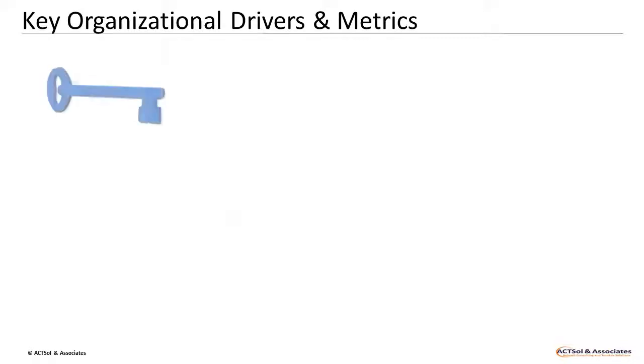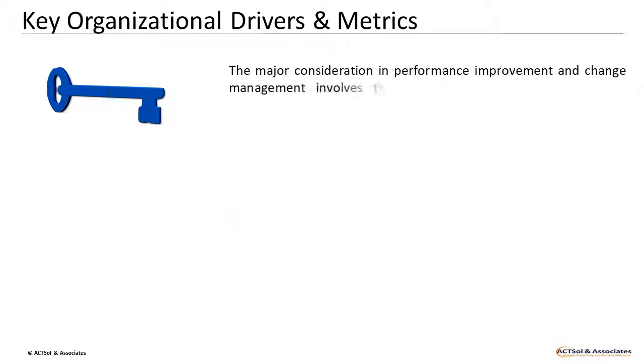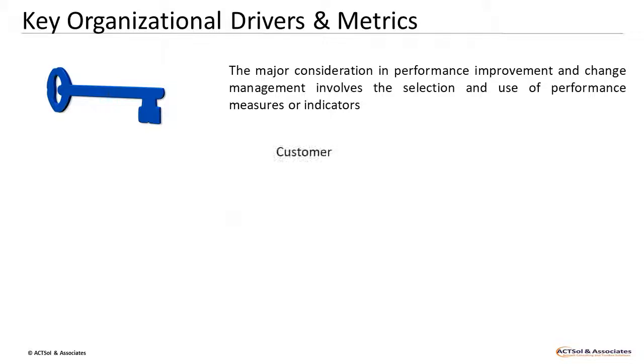Continuing about the key drivers. Always remember that the major consideration in performance improvement and change management involves the selection and use of performance measures or indicators. The measures or indicators that one selects must best represent the factors that lead to improved customer, operational, financial, and ethical performance.